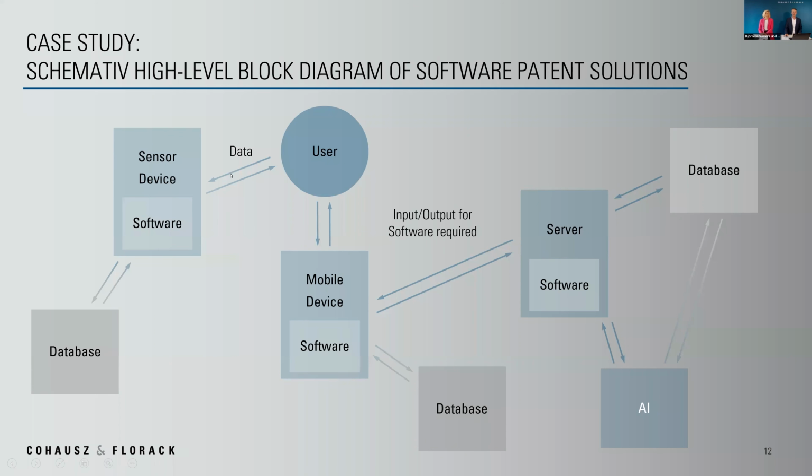Each and every one of those devices might utilize software. Here in the block diagram, we've drawn the software directly inside the entity, but of course the software might be performed on some other device, which then simply retrieves information from the sensor device. What this really helps with is that you can see how the interaction between those devices is handled.